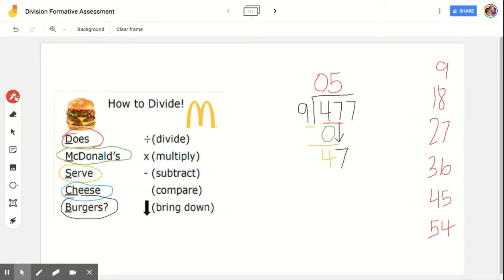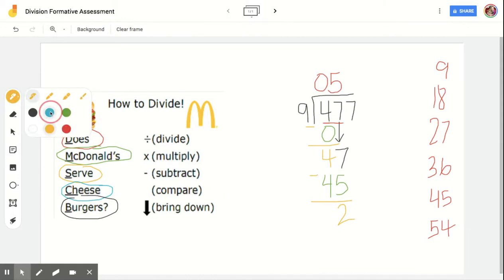Now we're going to move on to the multiplying part. 9 times 5 was 45. So I'm going to write 45 underneath the 47. Next step is subtract for the serve here. So I'm going to do 47 minus 45, which would give me 2. 7 minus 5 is 2, and 4 minus 4 is 0.